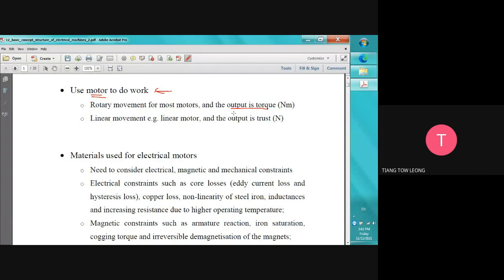But we as engineers, especially in electrical machine design, seldom use power, but we use torque. The torque is called electromagnetic torque.